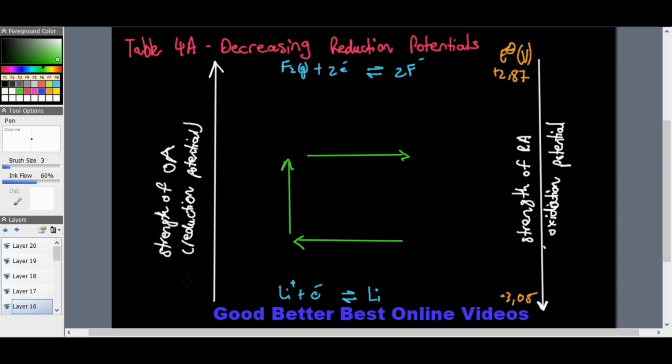But how you read the table is that if you read it from left to right, you are looking at the reduction half reaction. If you read table 4a from left to right, you are looking at the reduction half reaction. But if you read 4a from right to left, you're reading the oxidation half reaction.